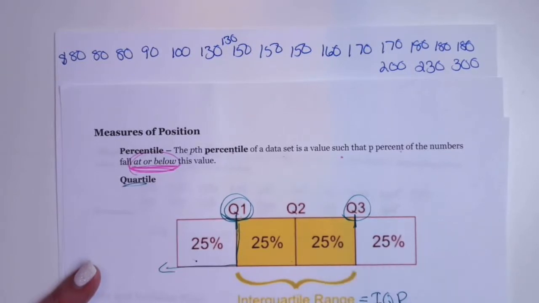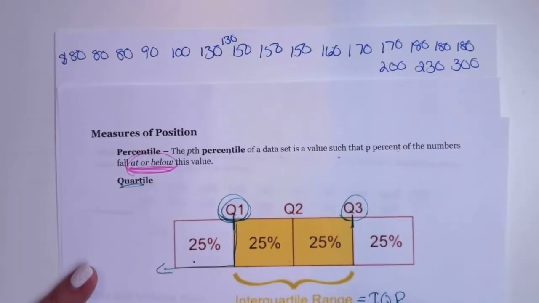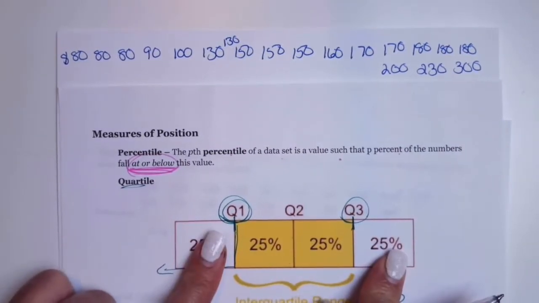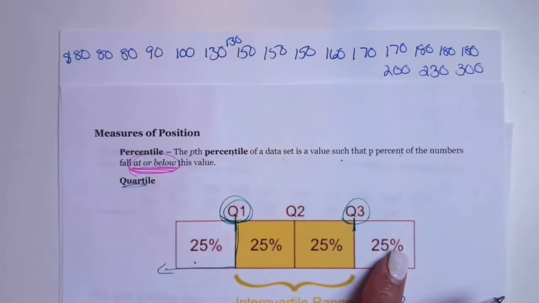Now, how I recommend starting is actually taking the second quartile. Notice that it's 50%, so 50% on each side of it. That would be the easiest to start looking for.